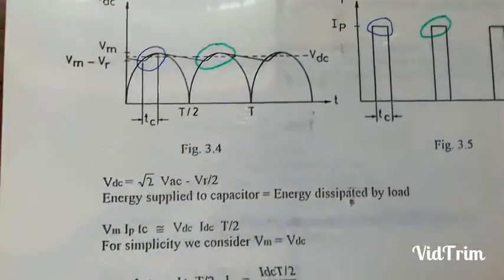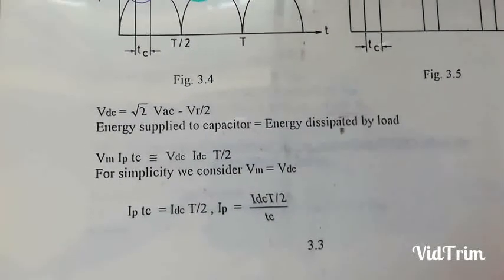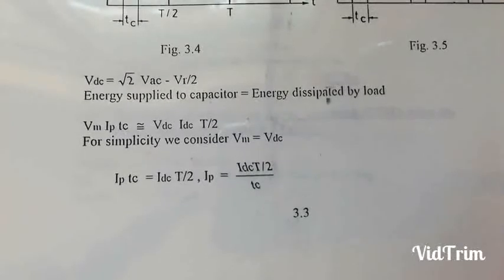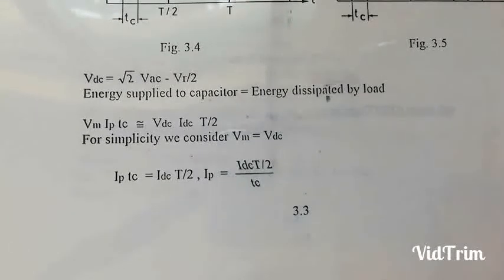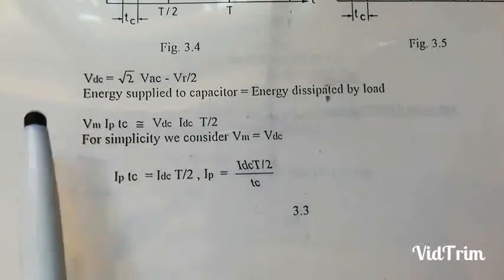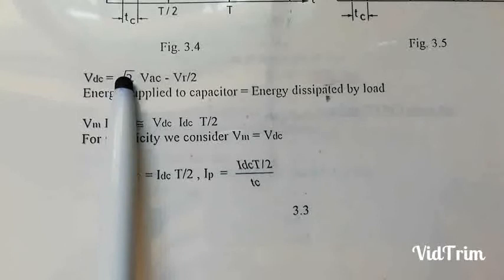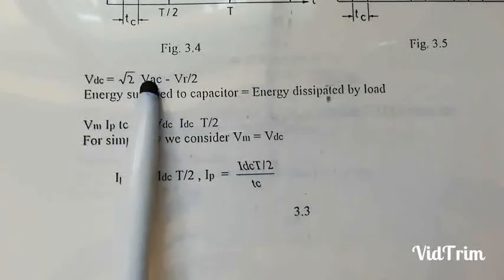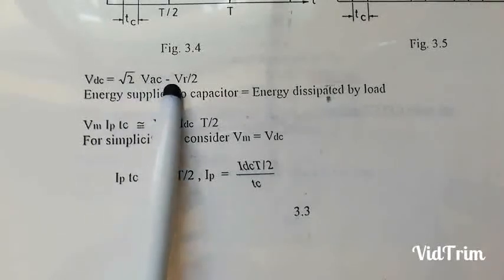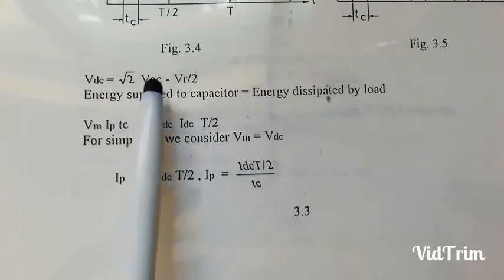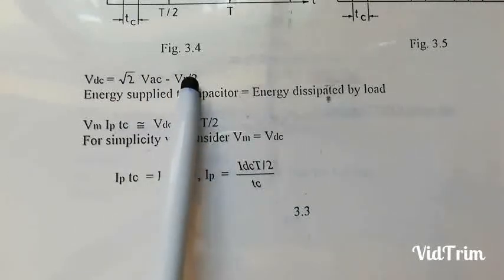Okay, let's go further into that. So in a situation like that, we have the VDC equals, as we all know, 1.4 times the VAC. You deduct out of it the ripple voltage divided by 2.